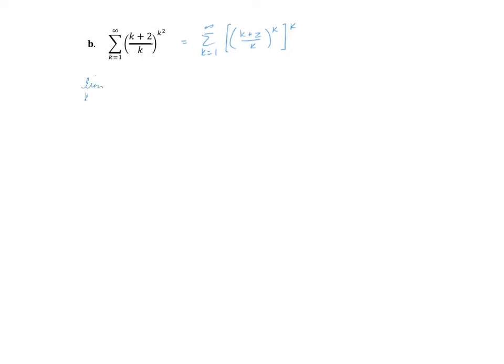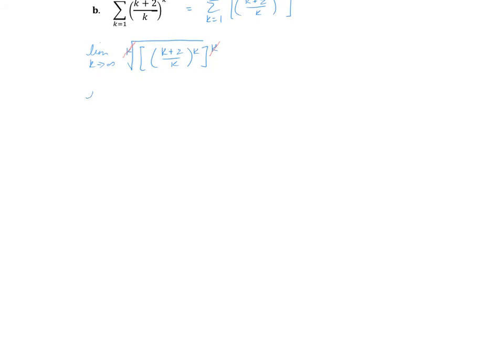Again, we don't need the absolute values. As k goes to infinity, of the kth root of k plus 2 over k to the k power, all to the k power. And then I can see that the root and the outside exponent k will cancel.